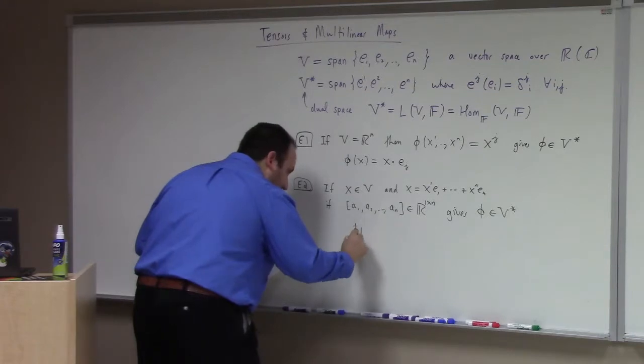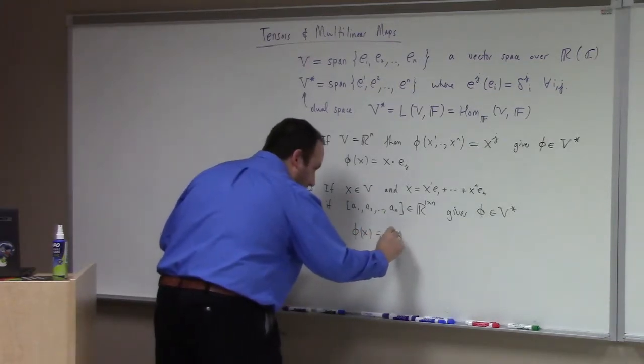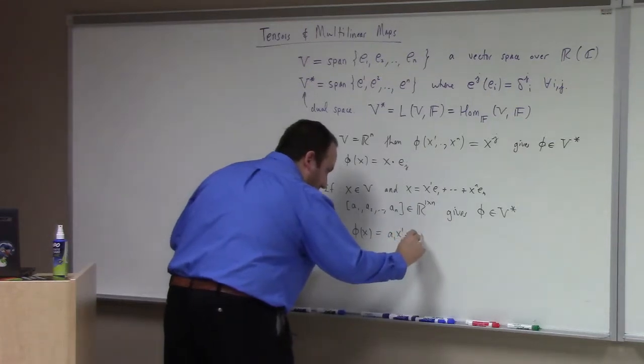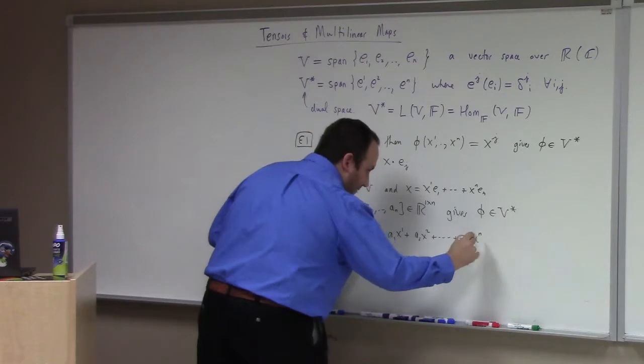Phi of x is equal to a1 x1 plus a2 x2 plus ... plus an x upper n.